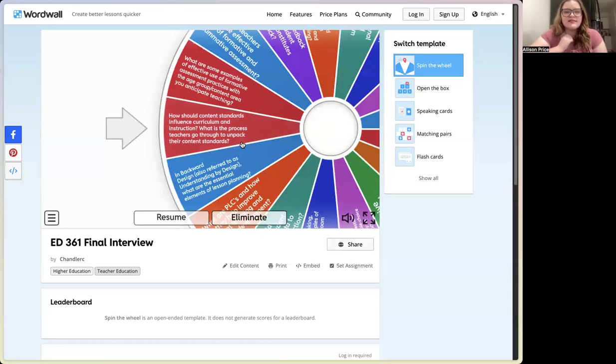How should content standards influence curriculum instructions? What is the process teachers go through unpacking their content standards? Yeah, so when it comes to content standards, that's when the state gives you what you should be teaching in the classroom.